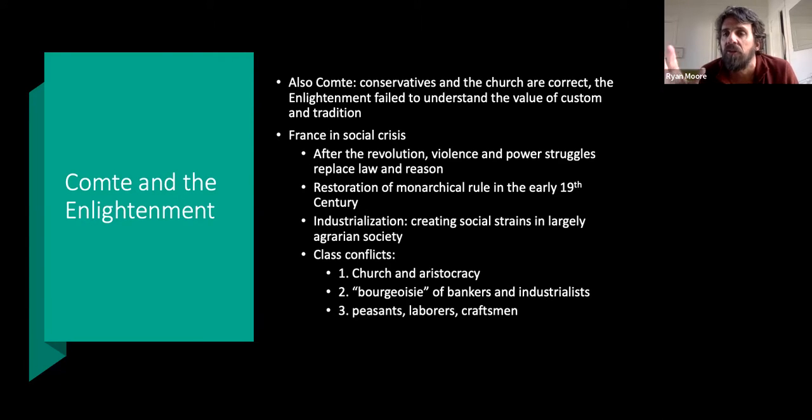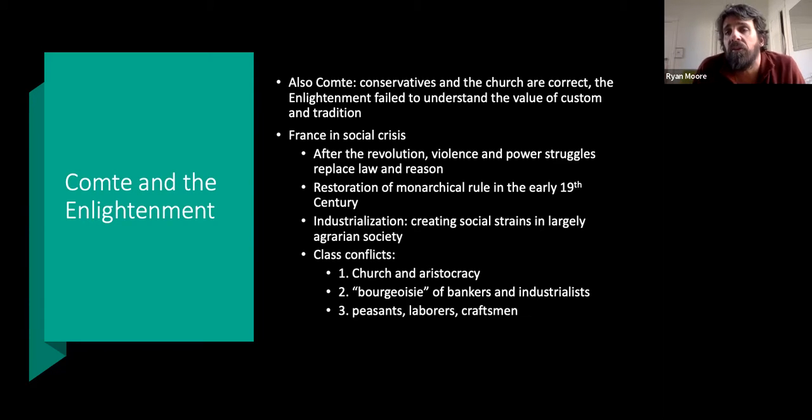In Comte's time it is still a mostly agrarian society where most people are peasants working the land. And the cities and industry are developing, but it's still a mostly agrarian society.